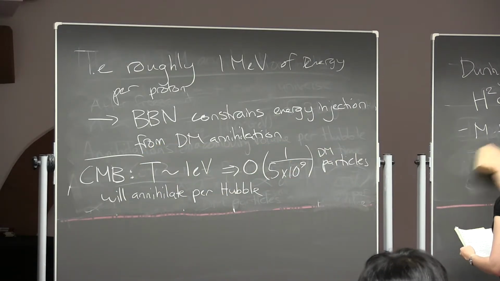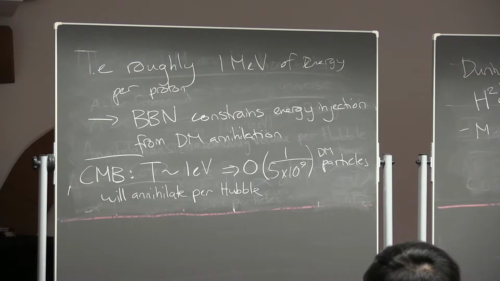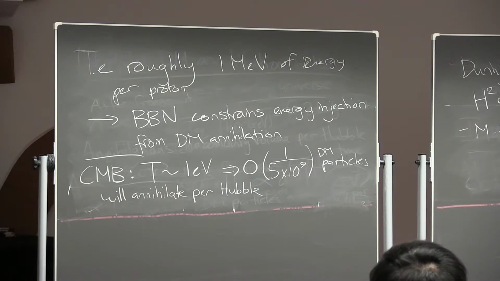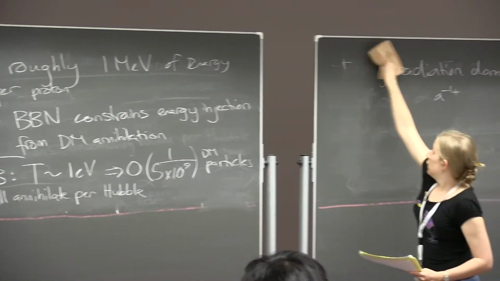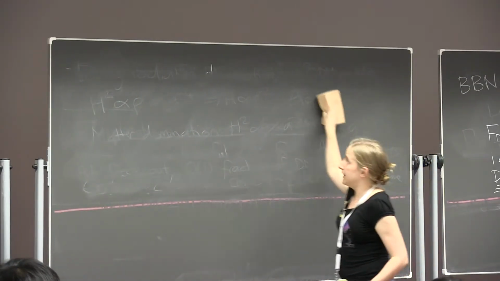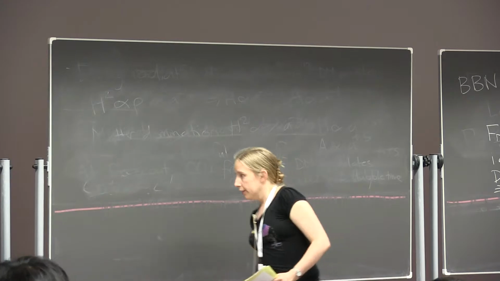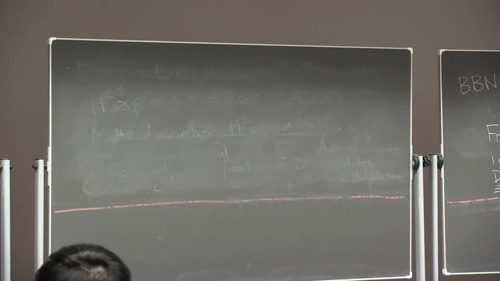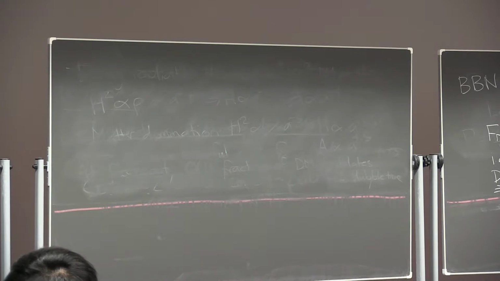So, again, we can ask the same question. How much power does this correspond to? Well, this is roughly 1 in 5 billion of the dark matter energy density that's potentially being converted into visible channels through annihilation. So that corresponds to about 1 in a billion of the baryon energy.